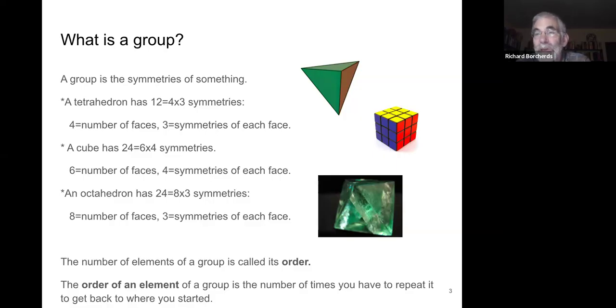A Rubik's cube has a very large number of symmetries because there are all sorts of ways you can twiddle it and still have it looking like a cube. The basic invariant of a group is just the number of its elements, which is called its order. So the symmetry group of a cube has order 24, and so on.